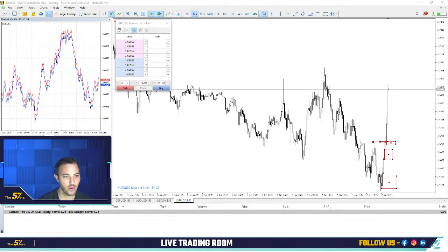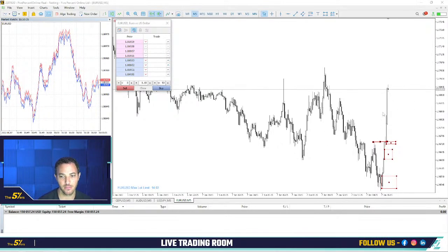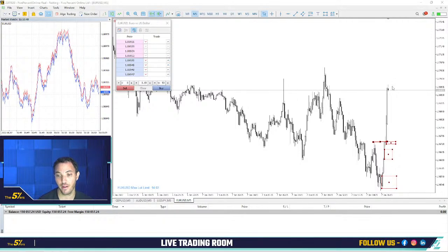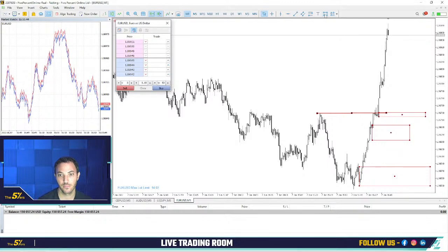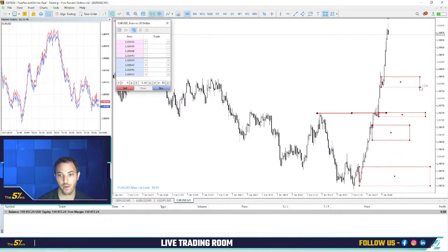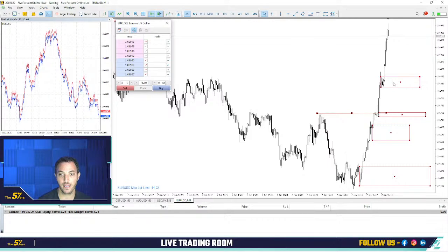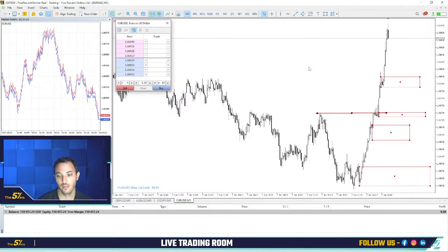Very uncommon movement, just like that. But that's fresh supply, fresh demand just in front of our eyes. Let's take advantage of that. Let's wait for a pullback. We have this new area right there. Let's wait for a pullback and start building longs.